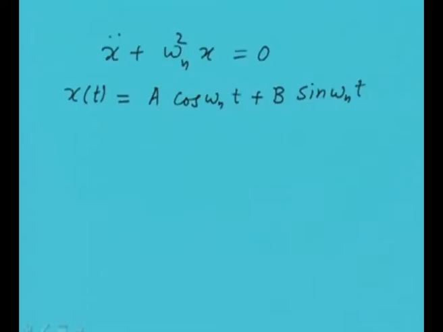If we apply the initial condition, x at time t equals 0 is x naught and x dot is 0, the first initial condition gives x naught equals A, since the cos becomes 1 and the other term is 0.